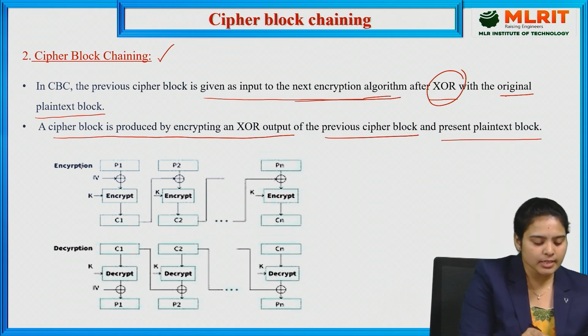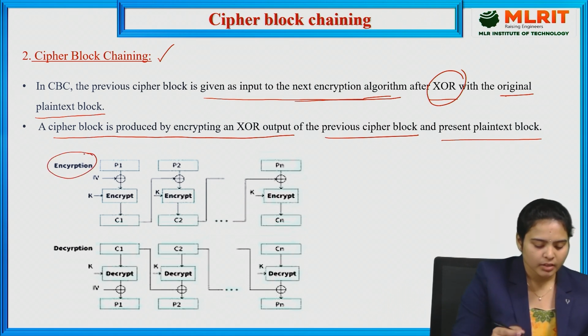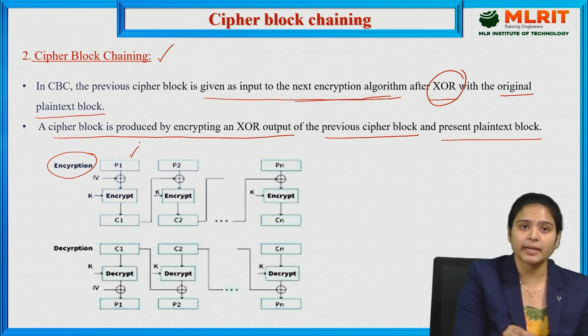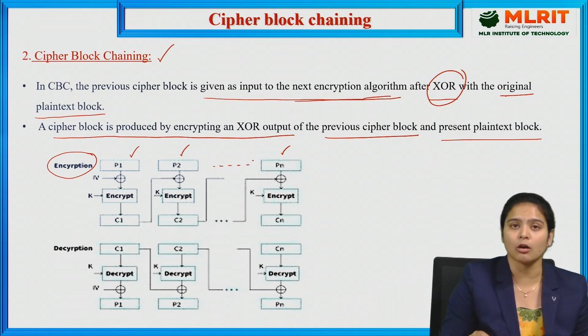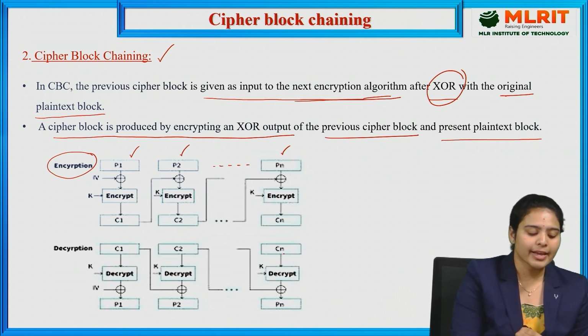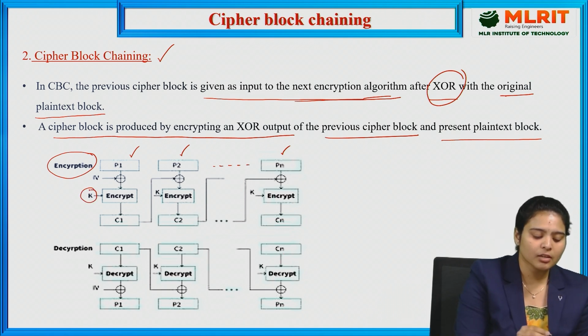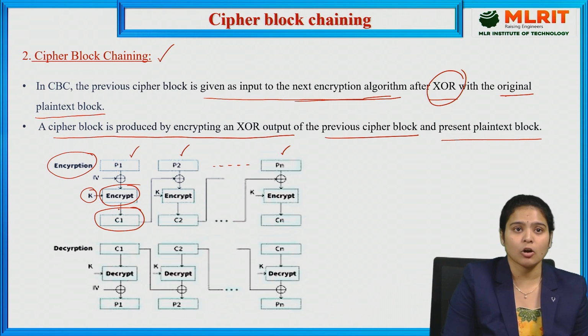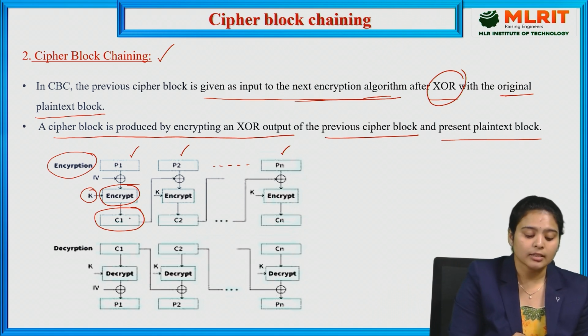So first, see here the encryption process. In this encryption process, we have P1 plaintext and P2 plaintext and so on up to Pn plaintext. Again we are using the secret key K in the encryption process, and we are getting the ciphertext output.